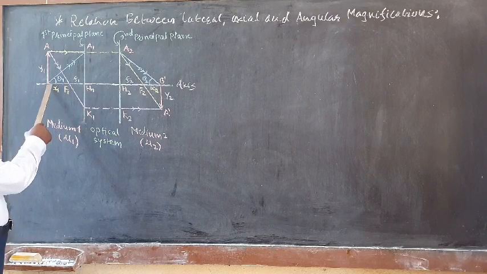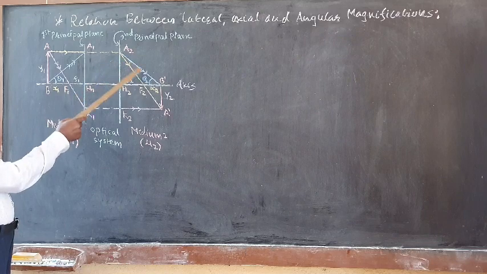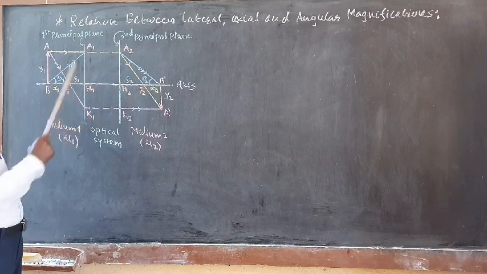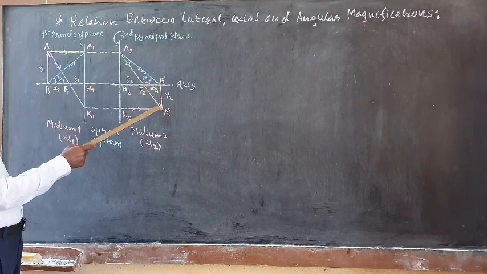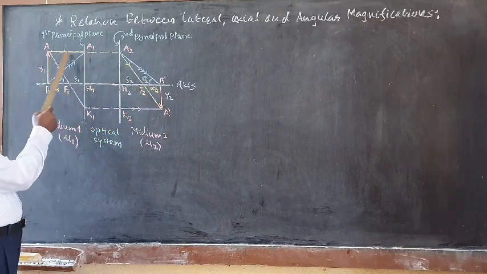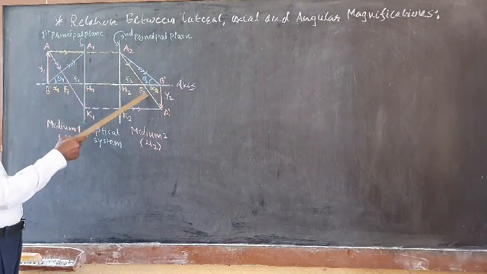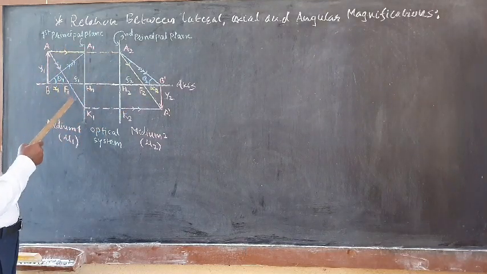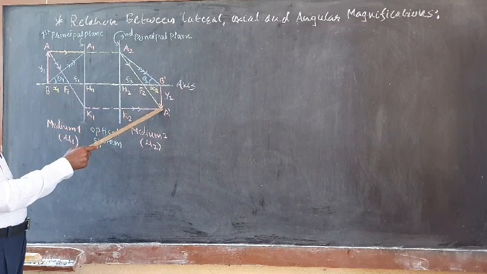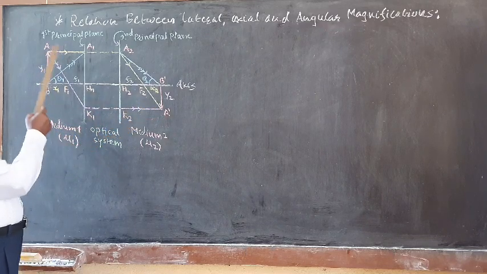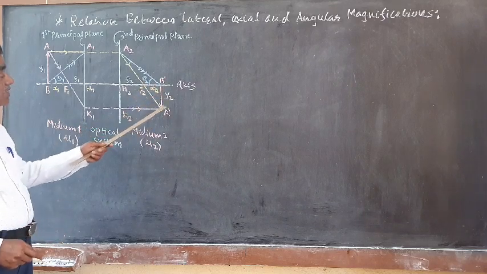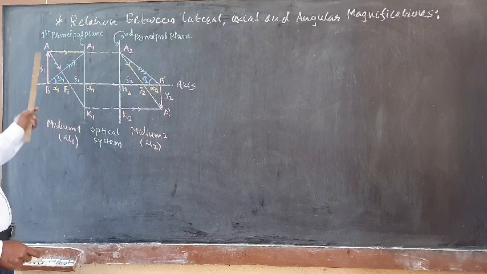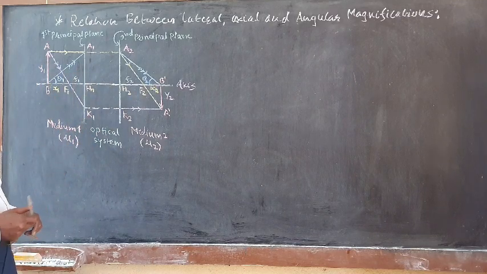Now consider the third ray, which makes an angle θ1 with the axis. After refraction it makes an angle θ2 with the axis. The intersection of the first ray, related to F2, and the second ray, related to F1, gives A dash, which will be the image of A. Draw A dash B dash perpendicular to the axis; A dash B dash will be the image of the object AB.